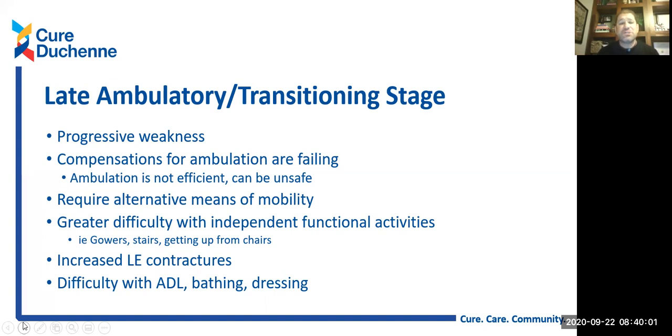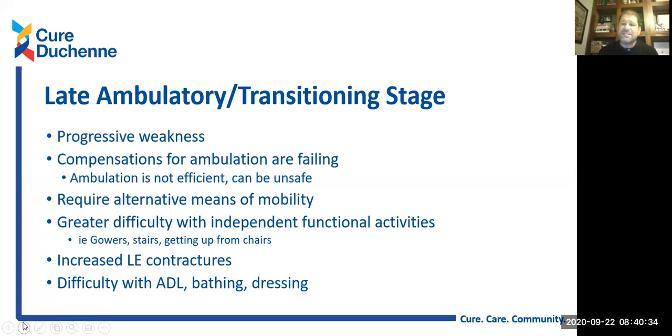Whatever compensations they were using for standing up from a chair, to walking, to getting up from the floor, just aren't working anymore. The muscles are just getting too weak, and it's becoming a lot more difficult for them to keep doing these things. So they require alternative means of mobility. How are they going to continue to get around? That's why I think in the mid-ambulatory stage, it's important to address the alternative means of mobility.